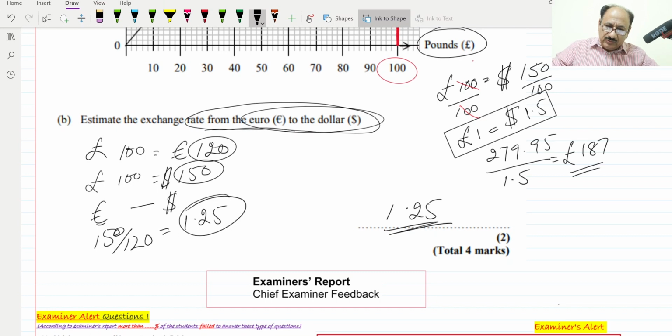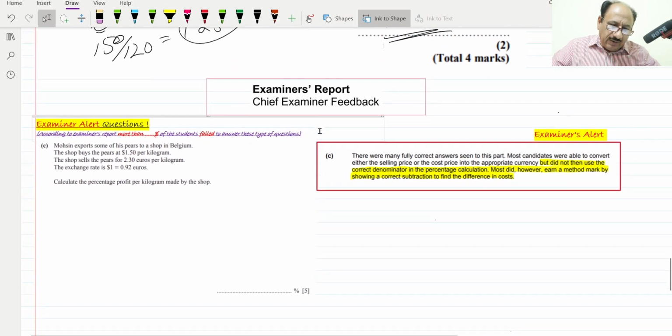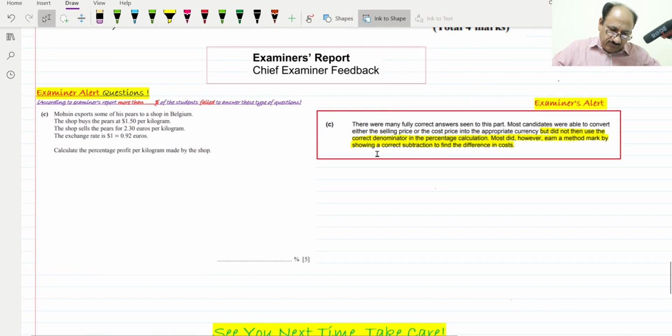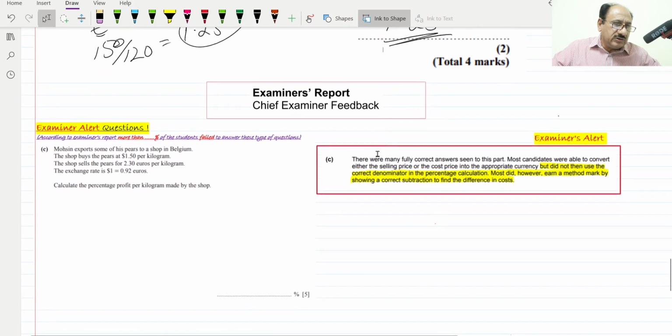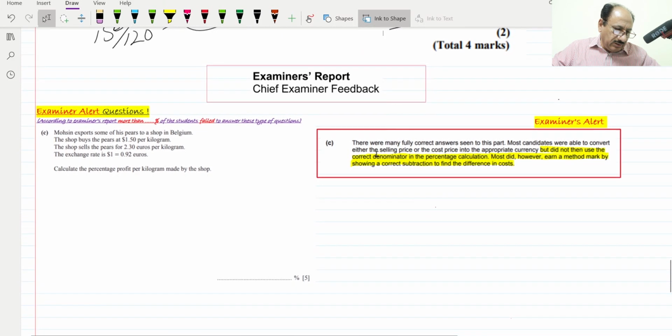This was 2 mark question. Total marks were 4. So this is the chief examiner's feedback also. The question is: Mohsen exports some of his pears to a shop in Belgium.